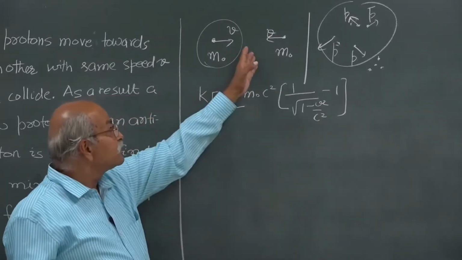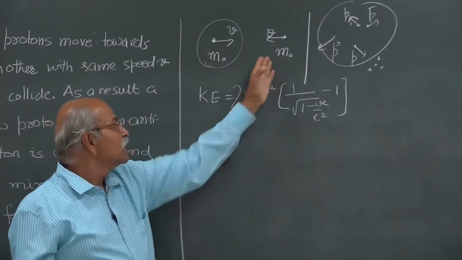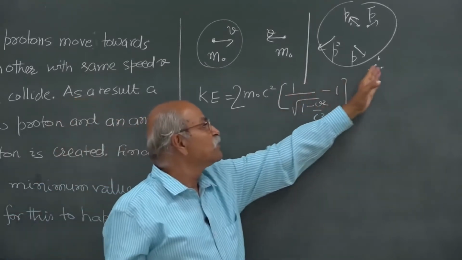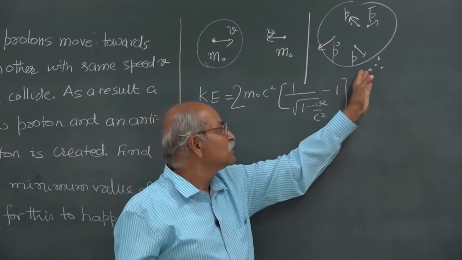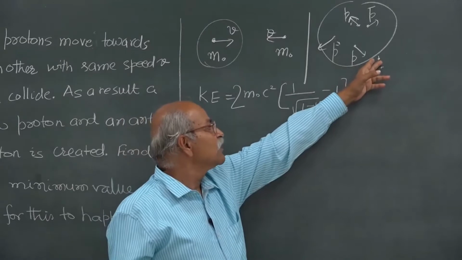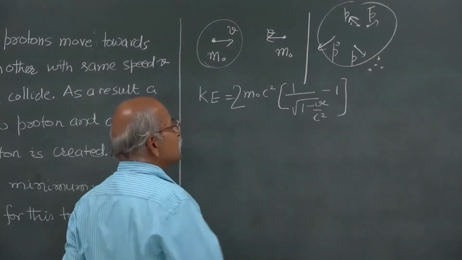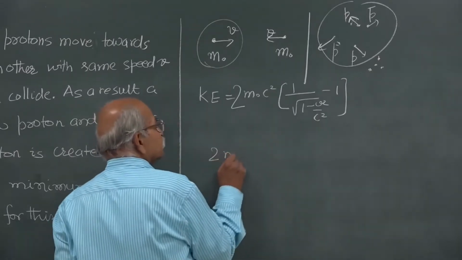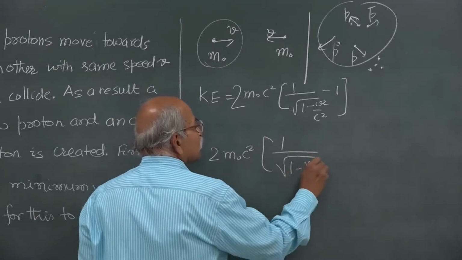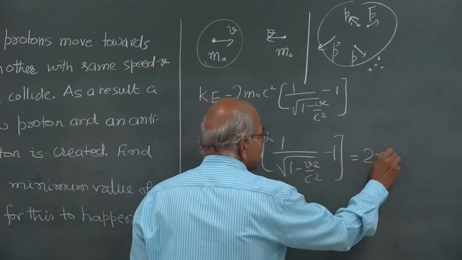And the total energy is m naught c square plus m naught c square plus this kinetic energy. And here 2 of the particles will have m naught c square, m naught c square, which will be the same as this, and the new rest mass that is created should come from this kinetic energy. Therefore this should be equal to 2 m naught c square into 1 by square root 1 minus v square by c square minus 1, that should be equal to 2 m naught c square.